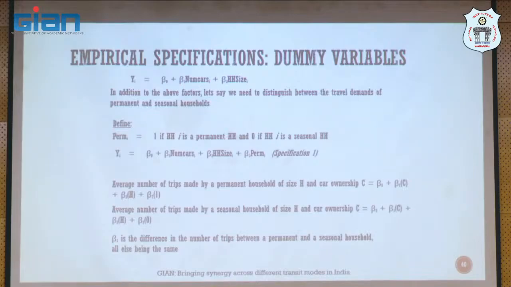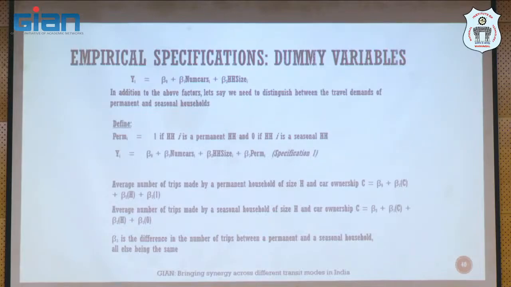So if it is a permanent household, beta 3 represents the difference in number of trips between a household that is permanent versus seasonal.